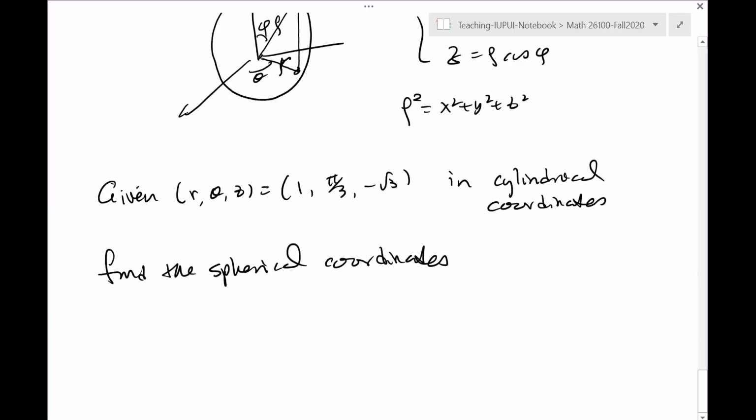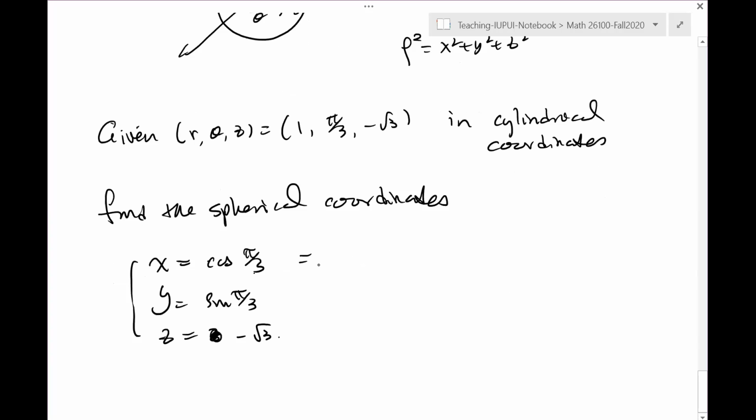So all I have to do is to get x equals r cosine theta, y equals r sine theta, and z is still equal to z, which is negative square root of 3. So cosine pi over 3 is 1/2.